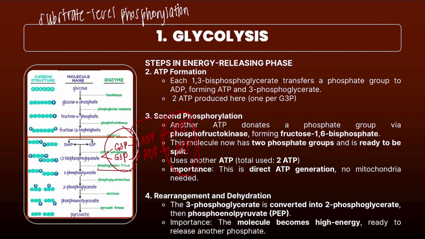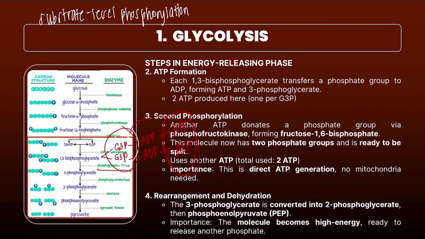Okay, so in this process, the 3-phosphoglycerate is rearranged into 2-phosphoglycerate by the enzyme phosphoglycerate mutase.